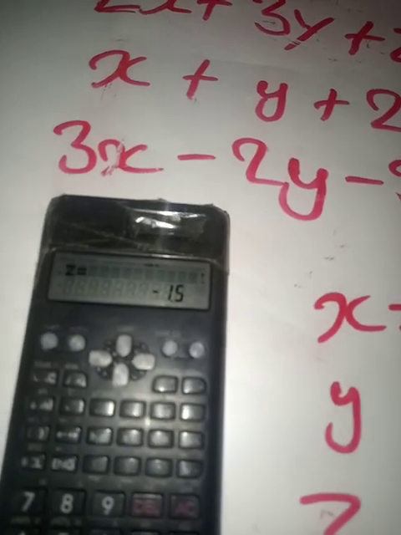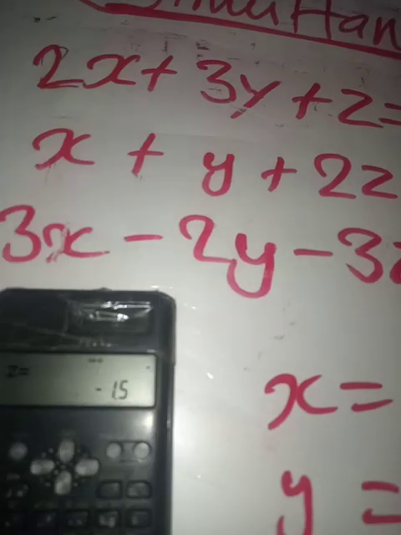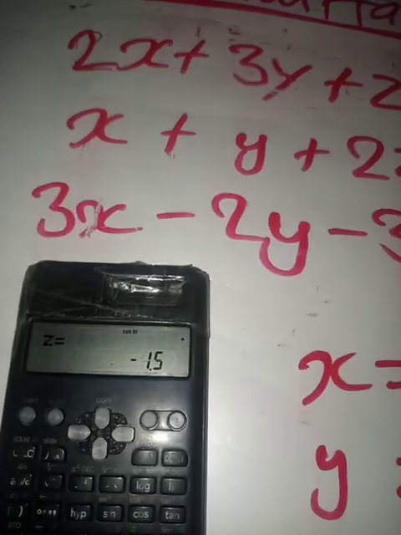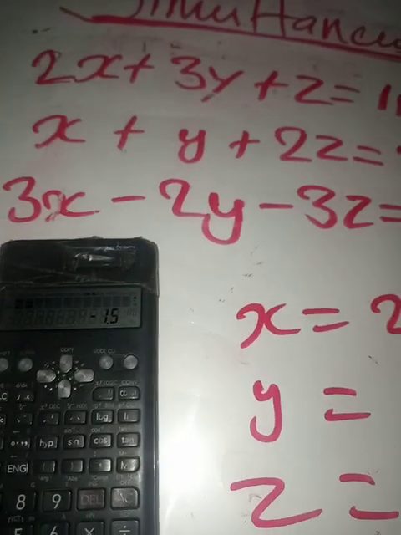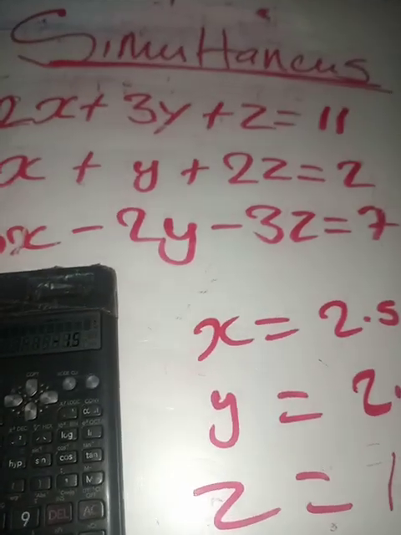First, before starting, you go shift, then you go on mode. You clear the things that you have been doing with your calculator in order to maintain accuracy, or to empty your calculator so that it has its functions performed very well.